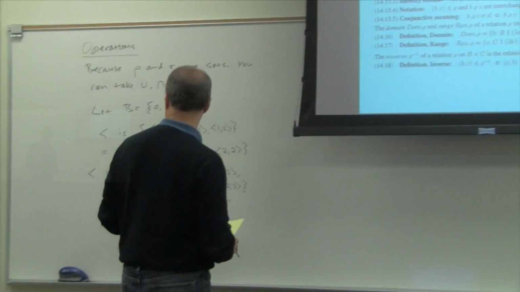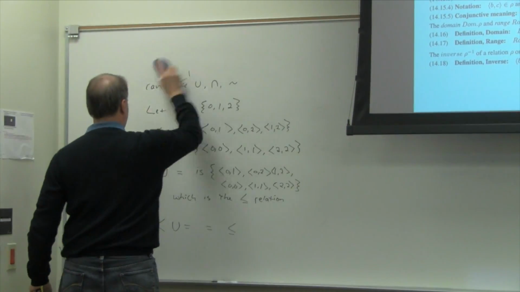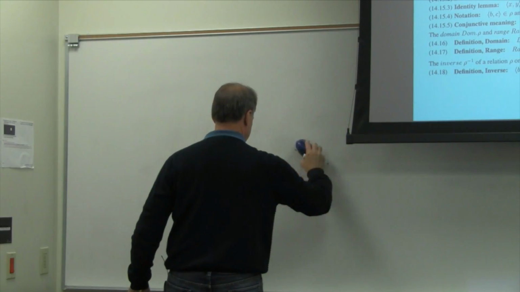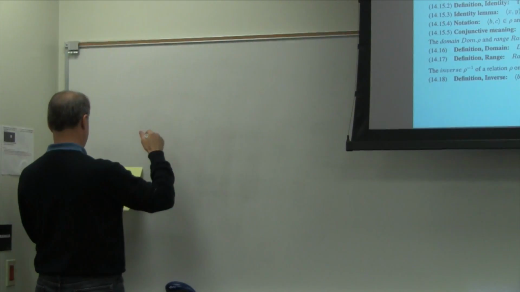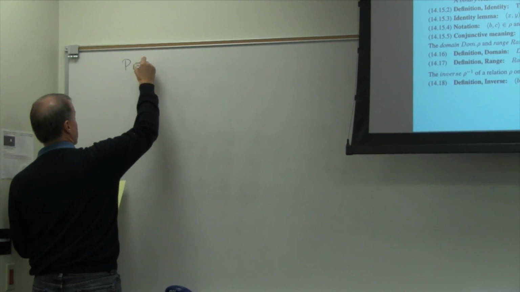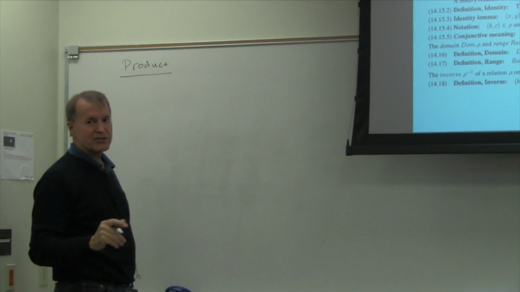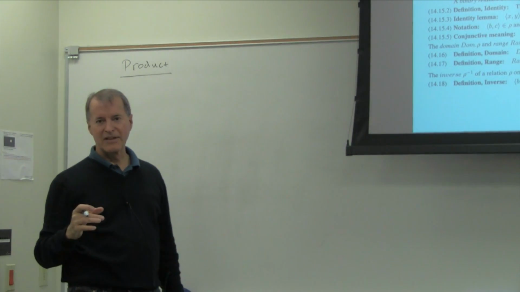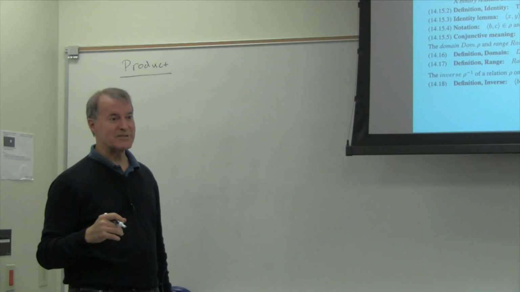All right. Now the next big concept is the concept of a product, a relation product. Did you know that you can actually multiply two different relations together? So we can have something like less than times equals.